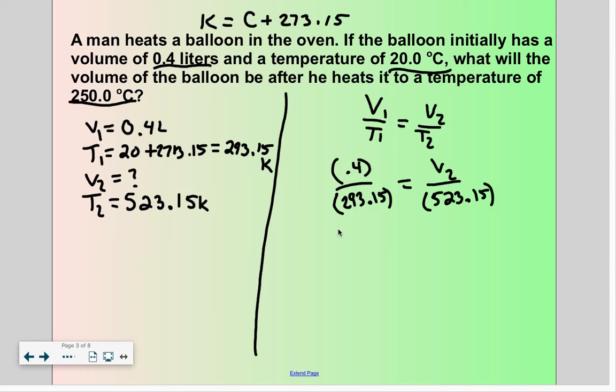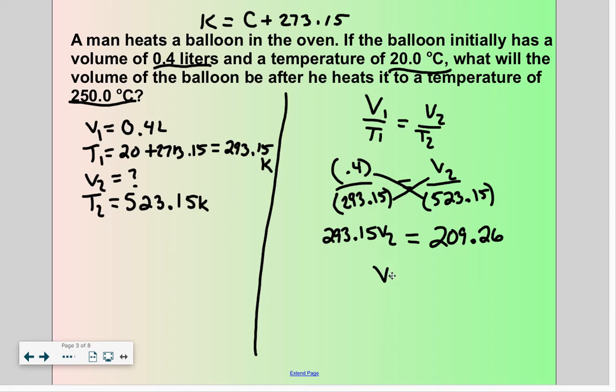So I have 0.4 times 523.15. And in doing so, I get 209.26. Once again, I was doing the cross product of those two. And then I'm going to set it equal to the cross product there, which should be a little bit easier: 293.15 times V2.